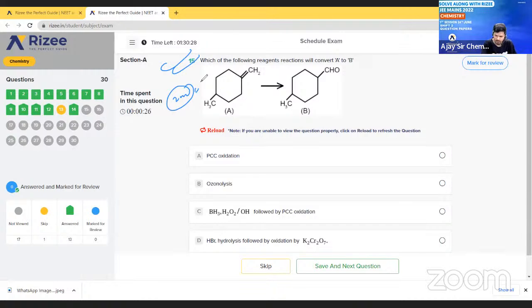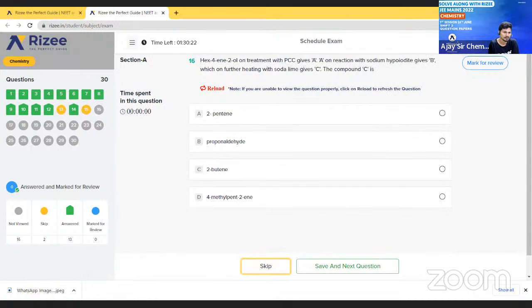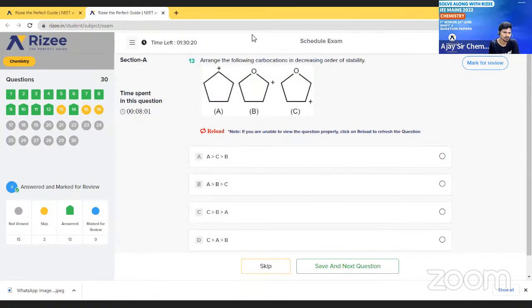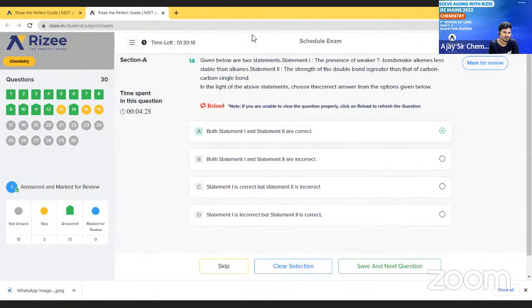So in the question, Tejaswini, see here, for the 14th question. See here, what is the first statement? When compared to alkene, alkane is stable.